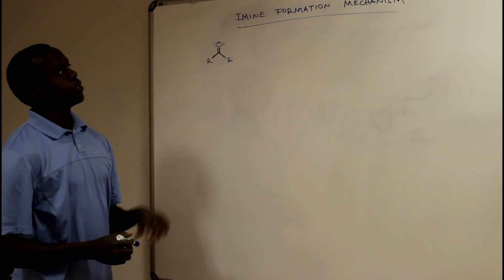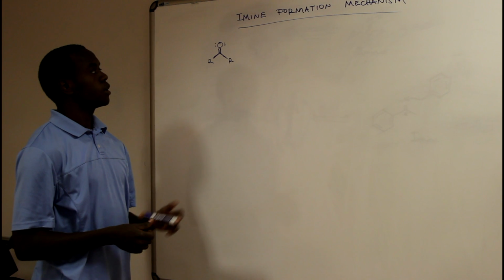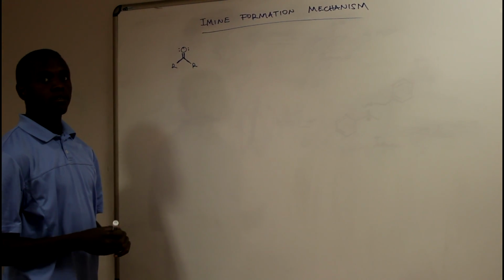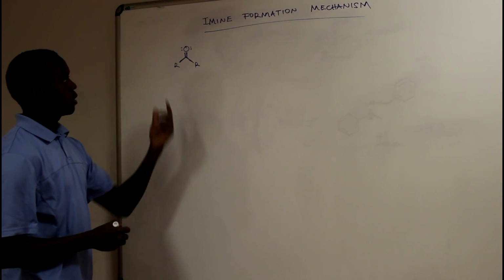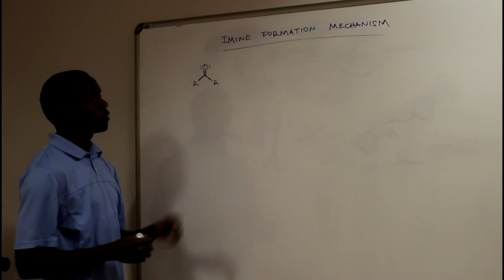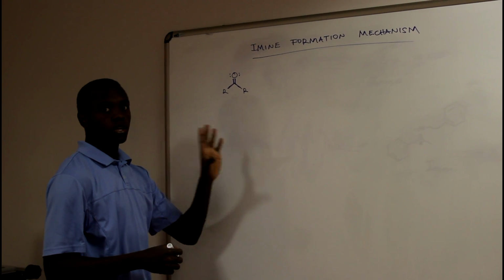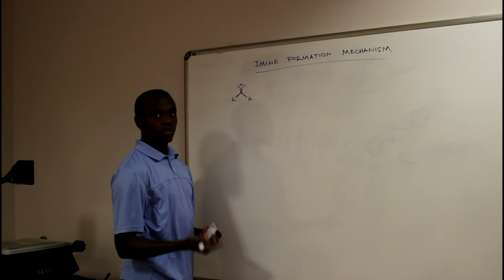We looked at the formation of imines from aldehydes and ketones. We want to look at the mechanism by which that formation occurs. We have our starting ketone. The R group could be an alkyl group, or it could be hydrogen, so this could be a ketone or an aldehyde. Remember we said we need catalytic acidic conditions.